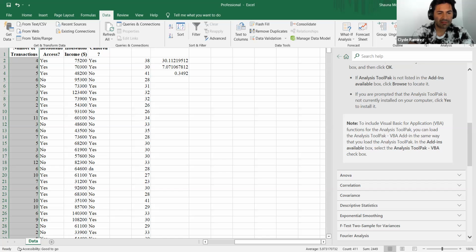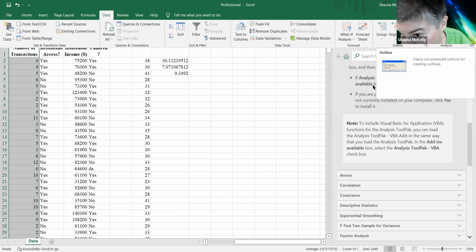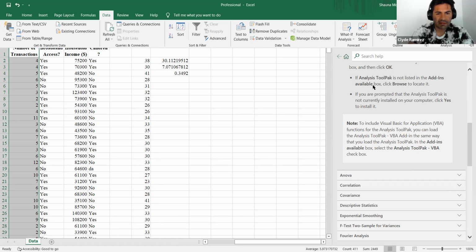Let me try again. Options, add-ins, analysis tool pack. Okay. Then click go. Did you click go? You don't click okay, you click go at the bottom. Okay, add in. Now it says tool pack. Go.